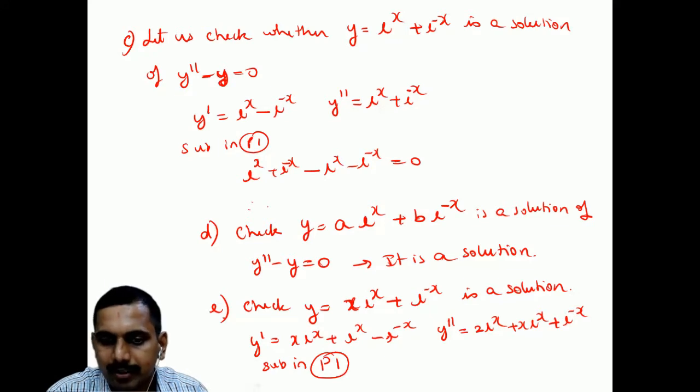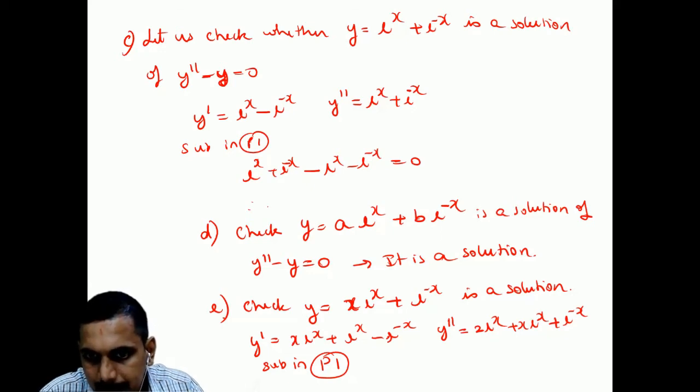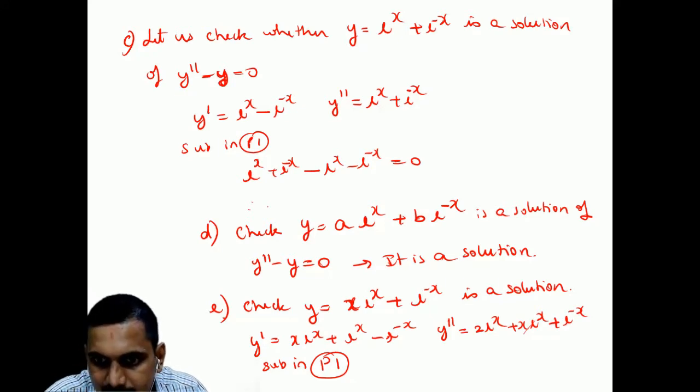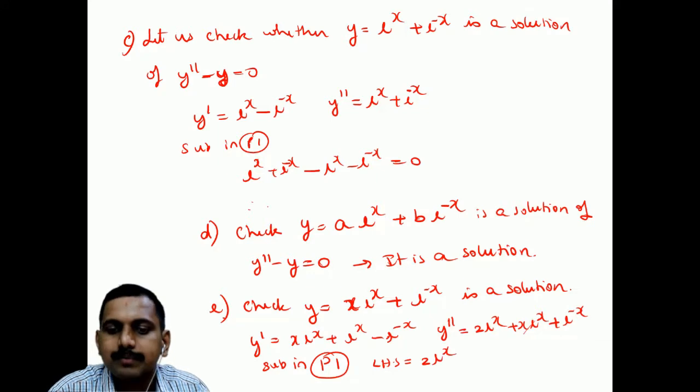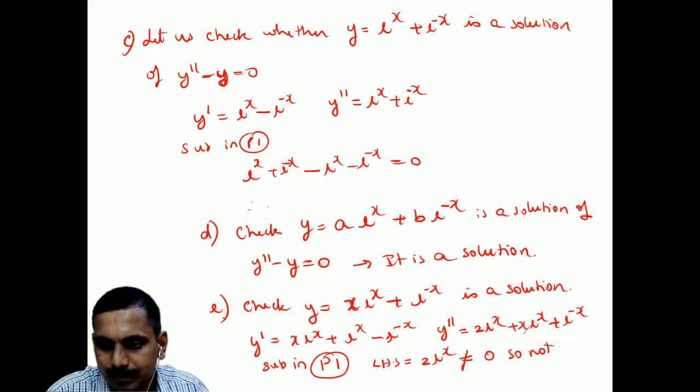what do we get? We don't get it as 0, is it not? y double dash is 2 into e power x plus x into e power x, minus y. x into e power x cancels. e power minus x cancels. What remains is LHS, and LHS would be equal to 2 into e power x, which is not equal to 0.